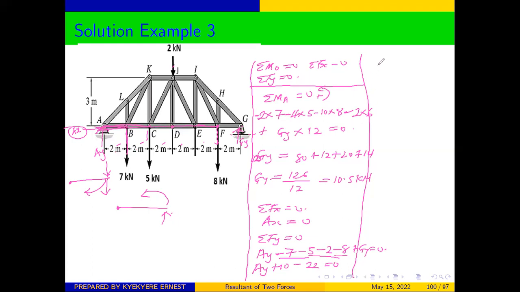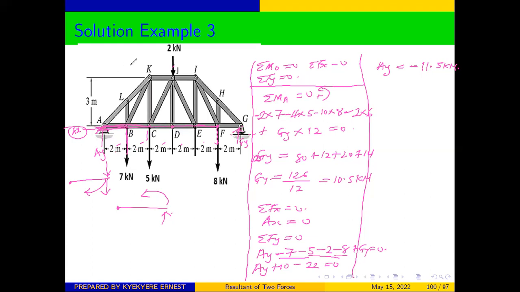Therefore, our Ay will be equal to negative 11.5 kilonewtons.